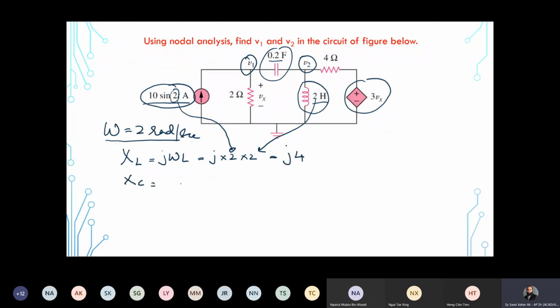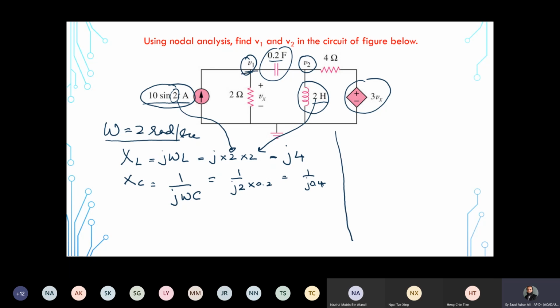Similarly, XC is actually 1 upon j omega C, which will be 1 upon j times 2 times 0.2, or 1 upon j0.4. All right. So we have converted these into the frequency domain, and then we can write node equations.